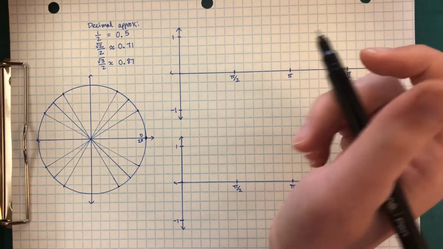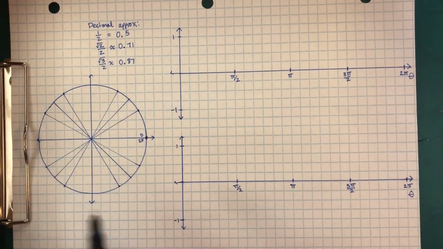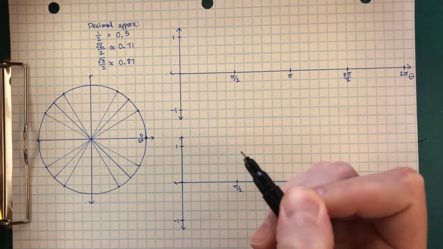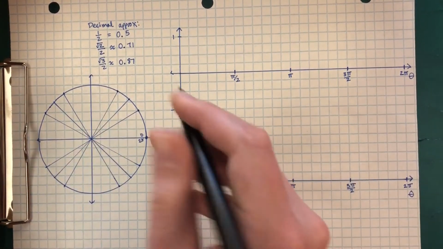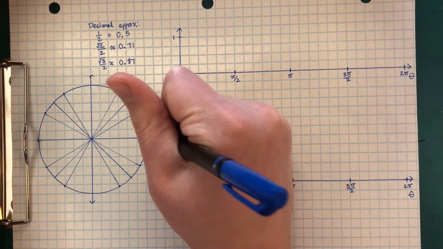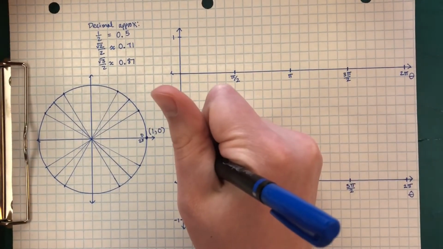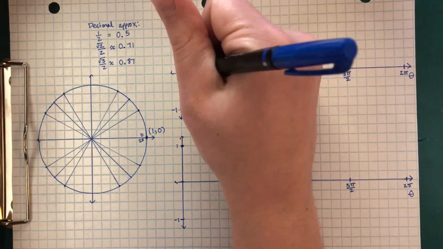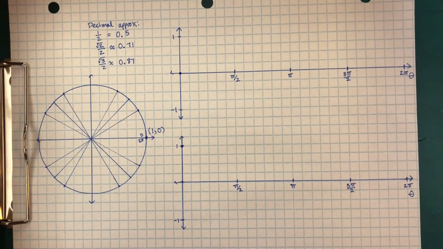You might remember that the sine of an angle is the y-coordinate as we move around the circle, and the cosine is the x-coordinate. So here at an angle of 0 degrees or 0 radians from the positive x-axis, the coordinates of this point are 1, 0, meaning that the cosine for an angle of 0 has a value of 1, and the sine for an angle of 0 has a value of 0.